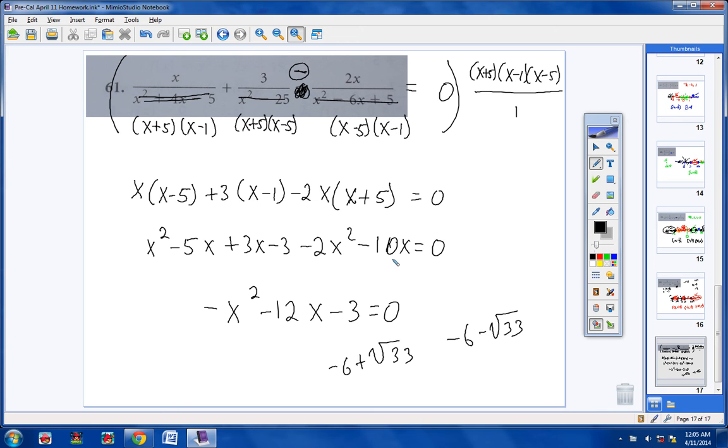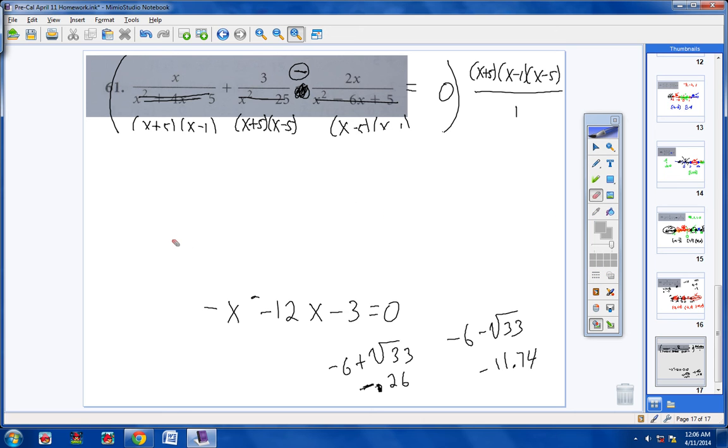Negative 6 plus the square root of 33 will give you negative 0.26. And negative 6 minus the square root of 33 will give you negative 11.74. So we're doing pretty good. There's a couple of our critical values right there.